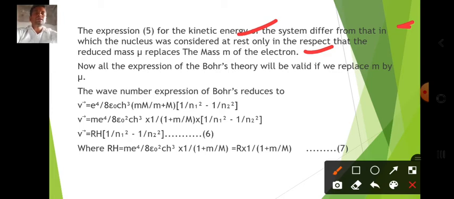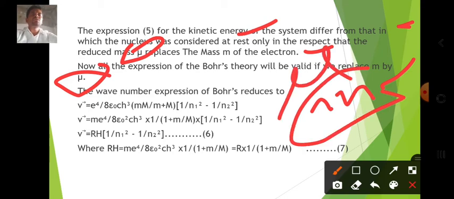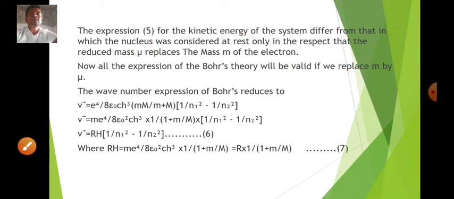So here the product of capital M and small m over their sum is replaced with mu only. Now all the expressions of both theories will be valid if we replace m by mu. So wherever we get the m value, there you write mu. He is saying it like this. Okay, so then that is the correction.